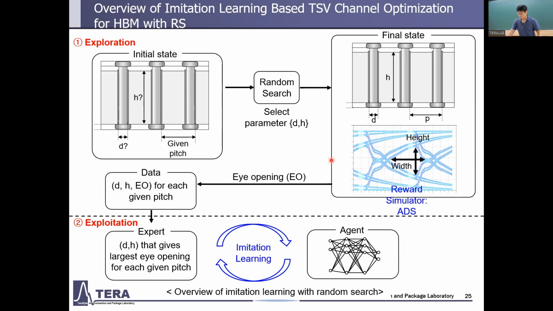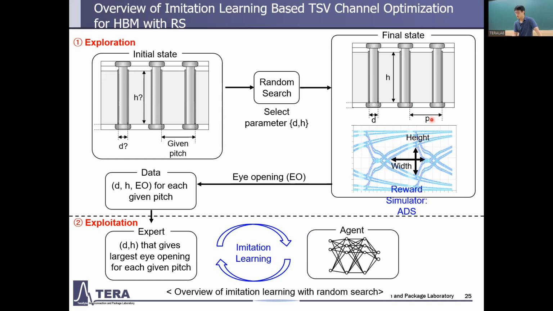As I said, this is the initial state of our TSV. So I have a pitch that I set. It's a given pitch, and using random search, I select the other parameters such as diameter and height, as shown here. So this D and H is chosen by random search. Of course, it's not completely random. It's within a certain range that I set using reference from other papers.